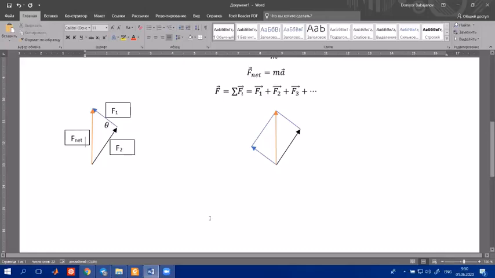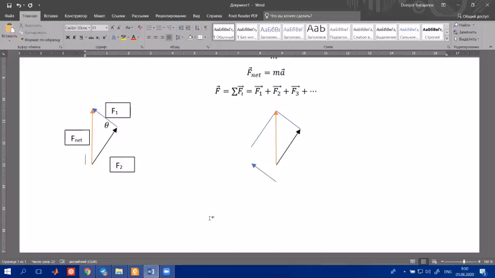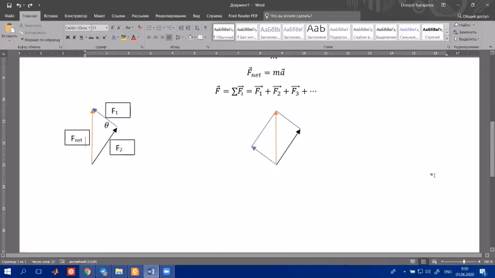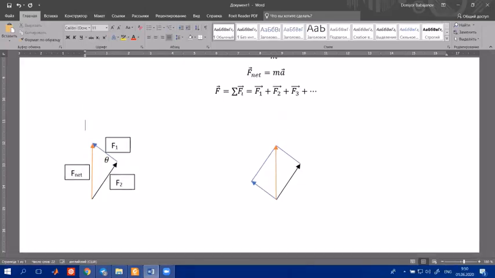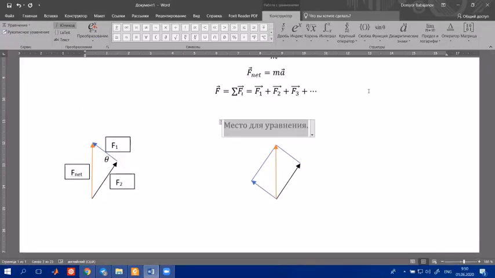Then we can write the cosine theorem, that F net squared is equal to F1 squared plus F2 squared minus 2 F1 F2 cosine theta.